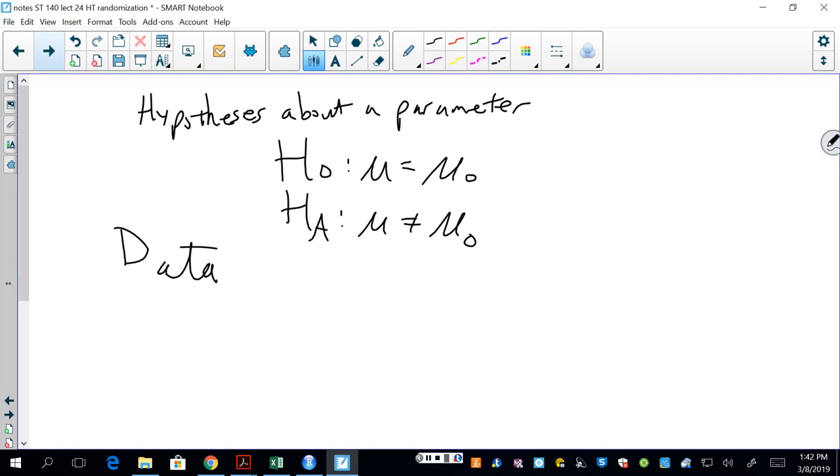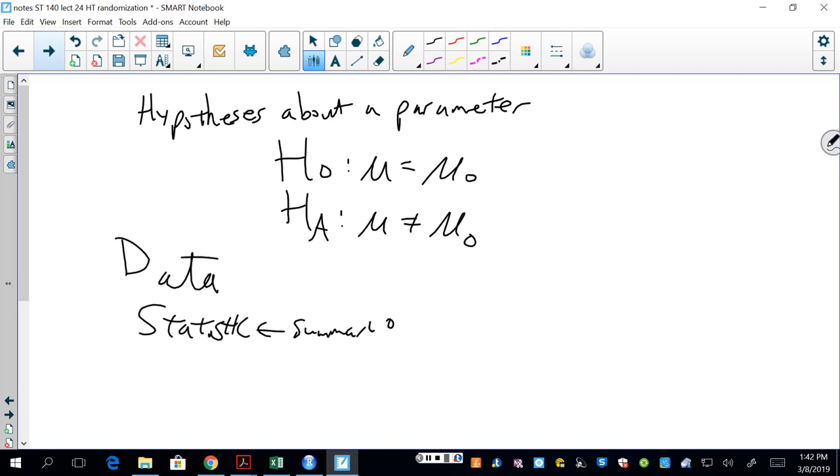and we're going to calculate a statistic, some summary of the data. Our summary of the data in this case is going to be X bar. We might also have the sample size, we might also have the sample standard deviation that we'll compute, but the principal one is going to be X bar.